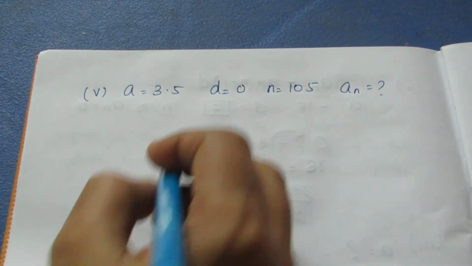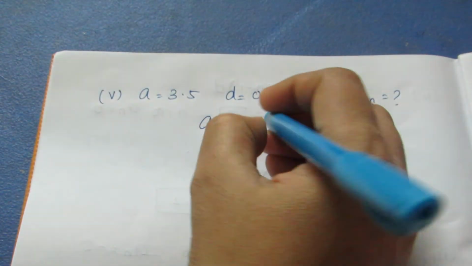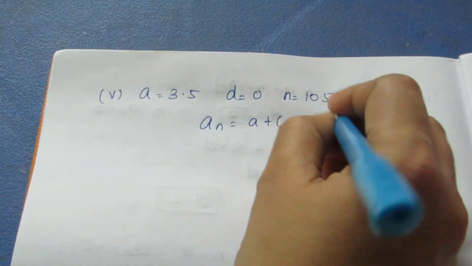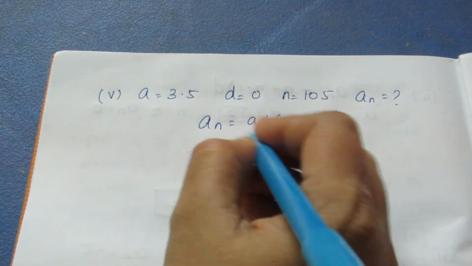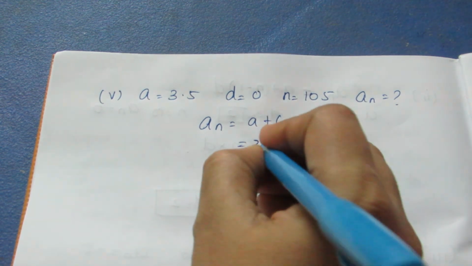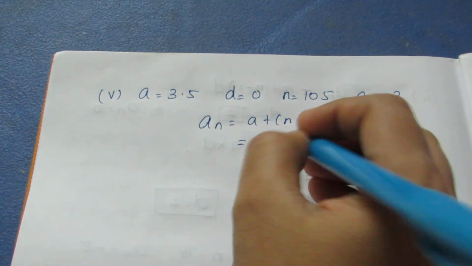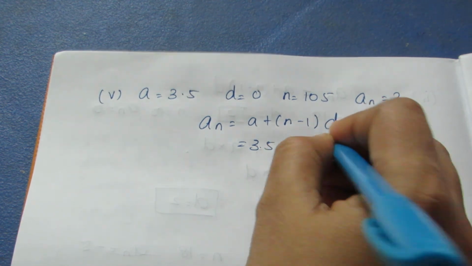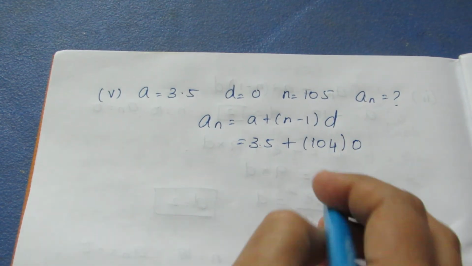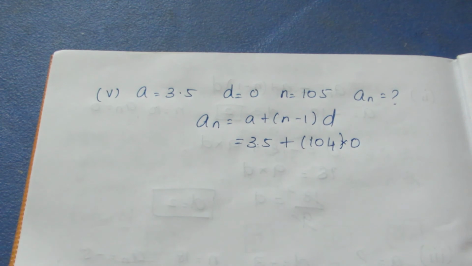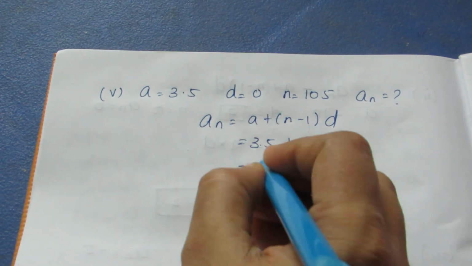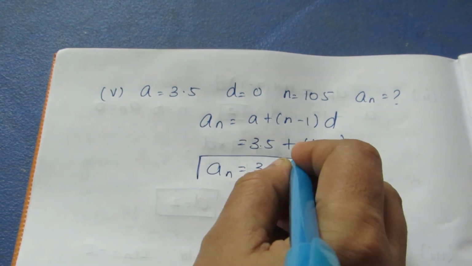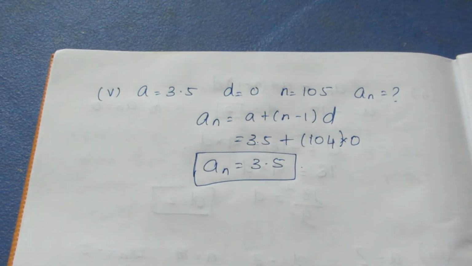If I substitute in the formula, my AN formula is A plus N minus 1 into D. Just substitute, instead of A it is 3.5 plus N is 105 minus 1 will be 104 into 0. So anything into 0 will be 0. So you can directly write 3.5. So the AN value here is the A value, that is 3.5.